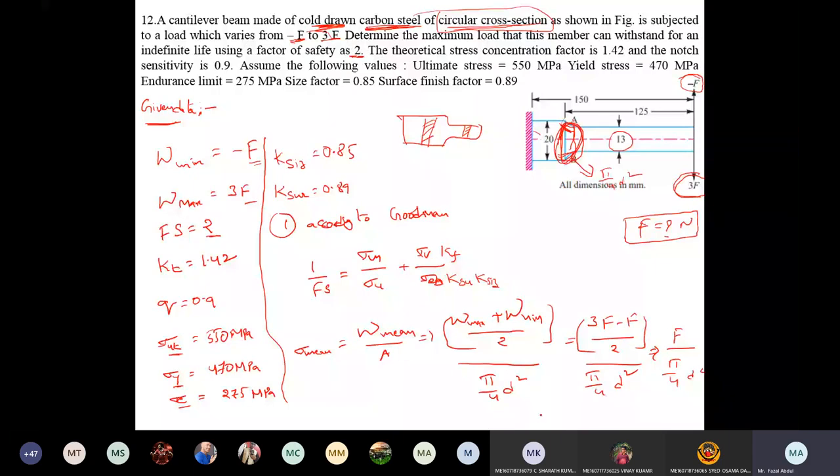F by pi by 4 into 13 square. Now what is the answer? Somebody gave the answer: sigma mean 7.533F.